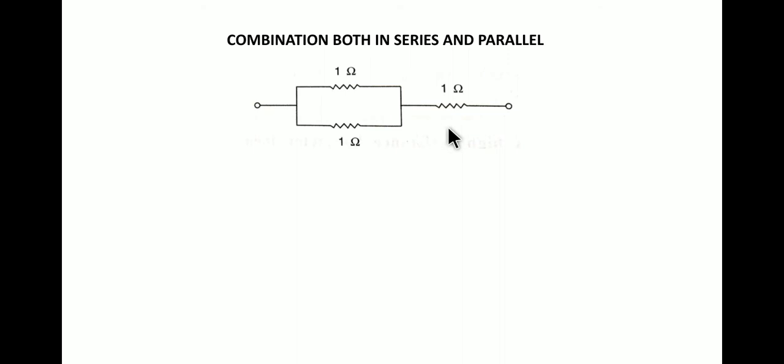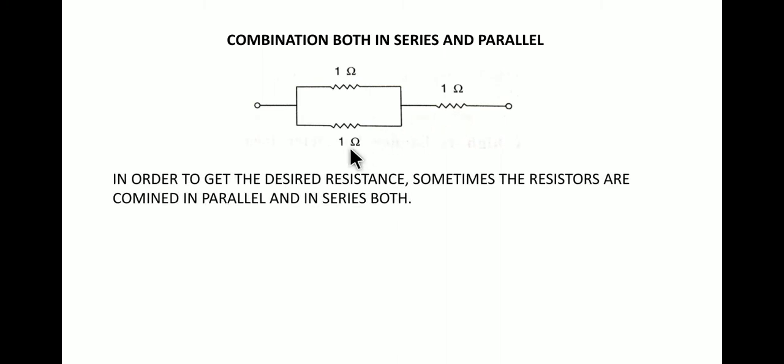Because suppose we need a particular desired resistance, and we don't have that particular resistance directly, so we can combine them in this way and we can get the desired resistance. So sometimes the resistors are combined in parallel and in series both.